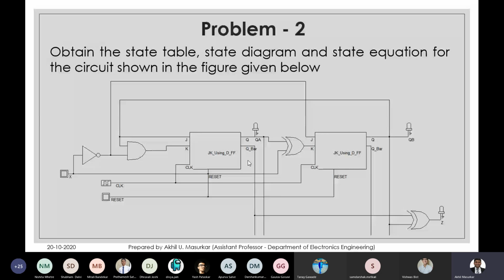So now, can somebody tell me what is the difference between the previous one and this one? What's the difference?